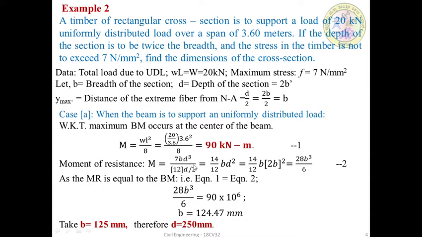After substituting, bd cube by 12 is the moment of inertia, d by 2 is the y maximum, and 7 is the intensity of stress.